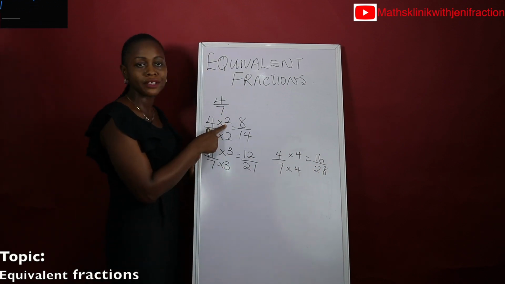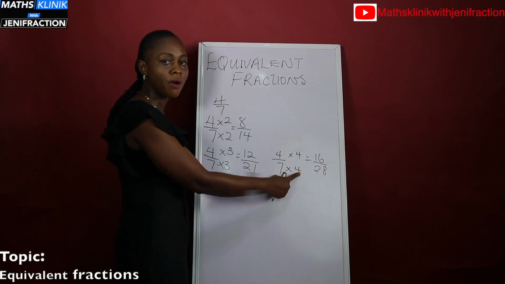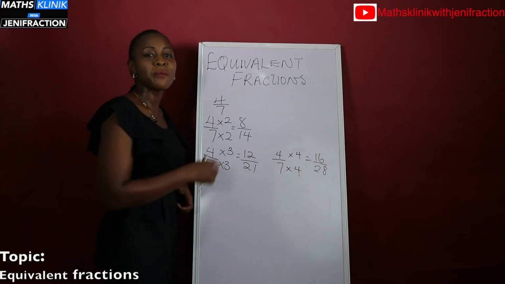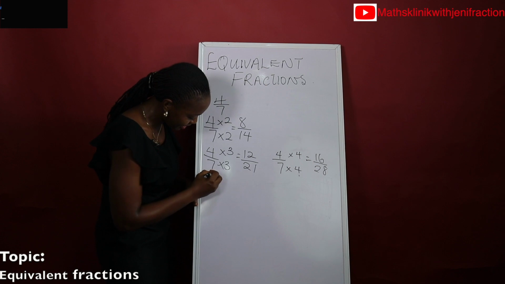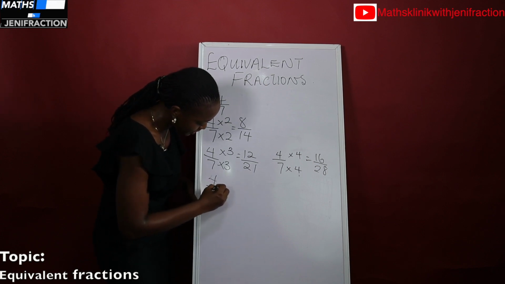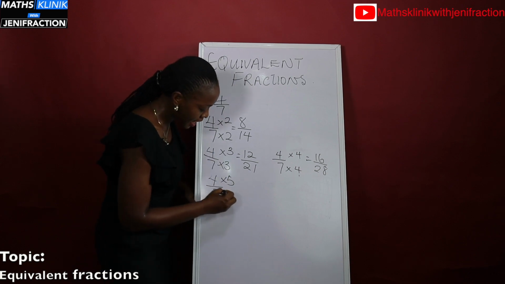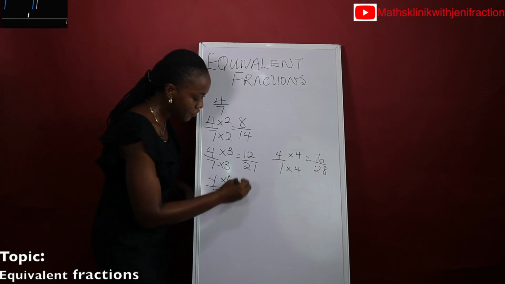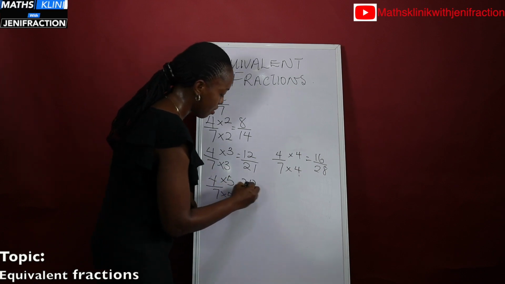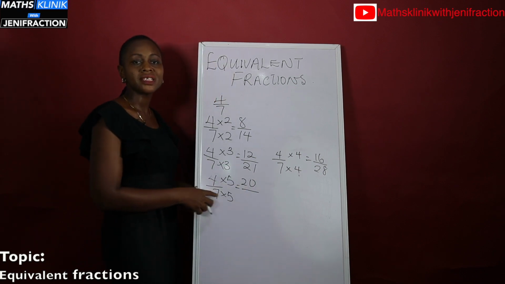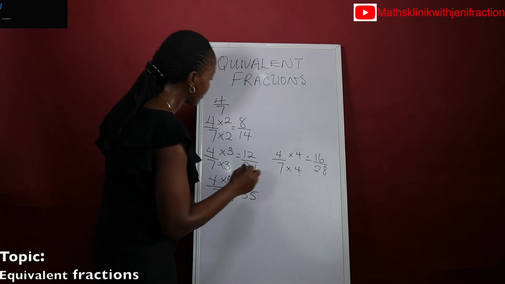We've multiplied by 2. We've multiplied by 3. We've multiplied by 4. To find the next one, we multiply by 5. Now let's do that together. 4 over 7 times 5 over 5. Therefore, we have 4 times 5, 20, over 7 times 5, which is 35.